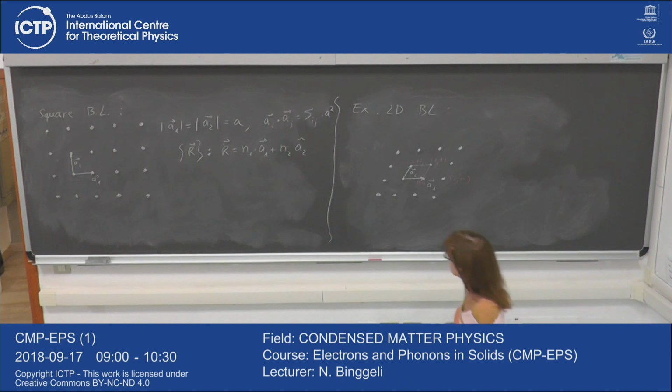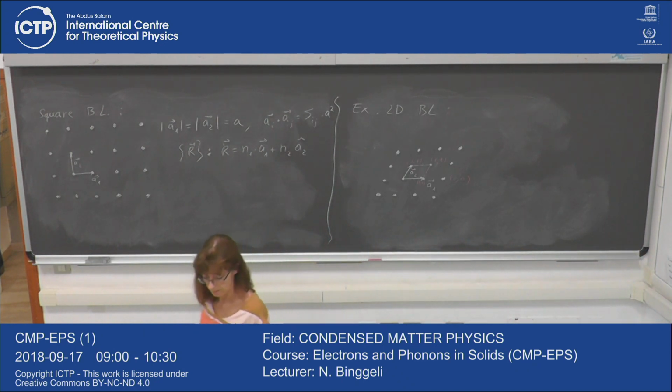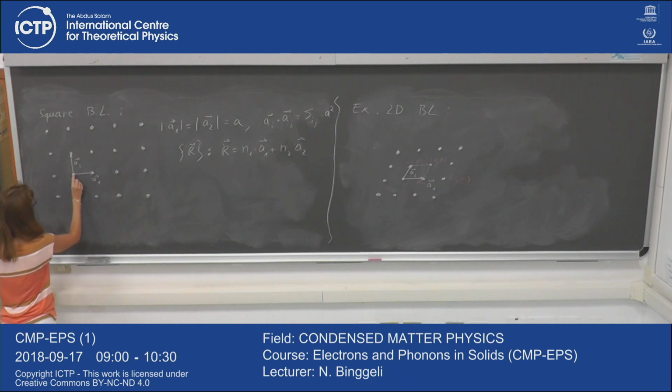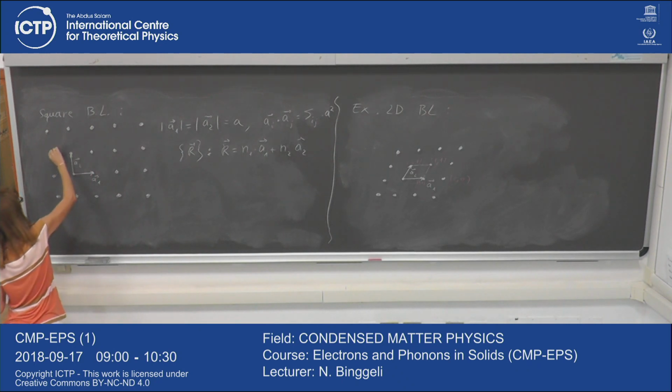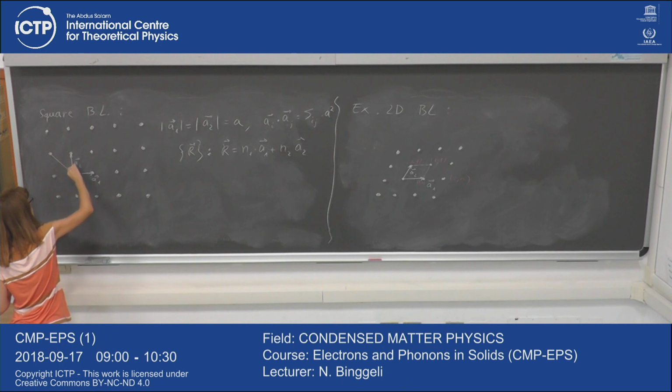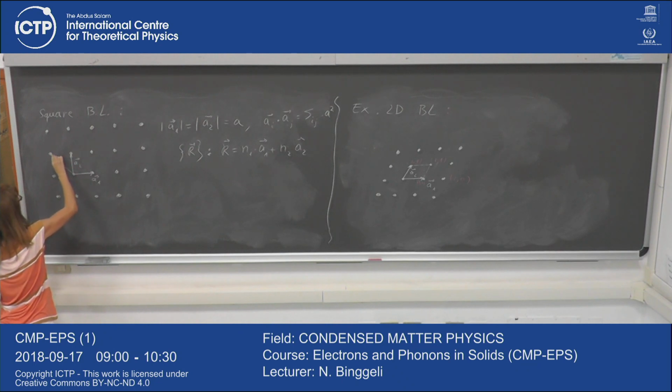Now, if I do a change and I consider as primitive vector still a1 here, but for a2, if I consider this vector here, so this would be my a2 prime.